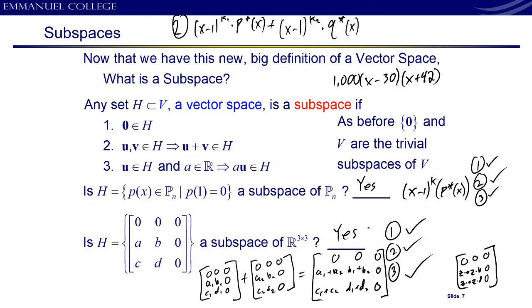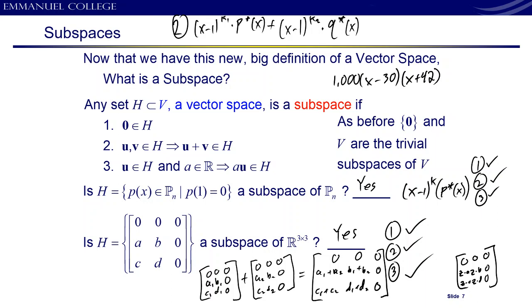The key thing for checking a subspace is the 0 vector in there? And again, it's the 0 vector of your particular space, not just is 0 in there. Because 0 for the polynomial space looks very different from the 0 for a matrix space.